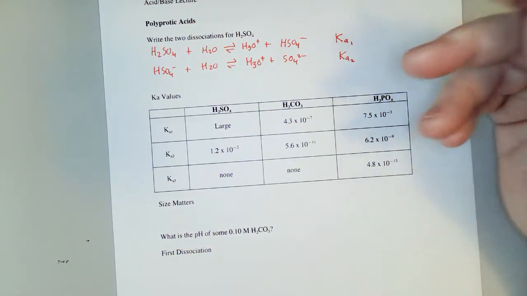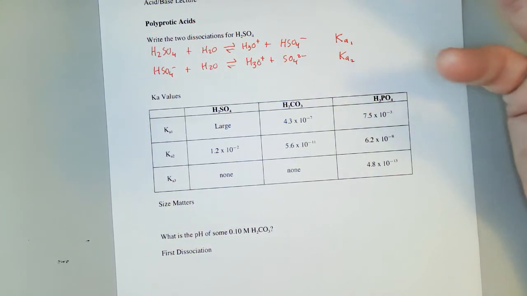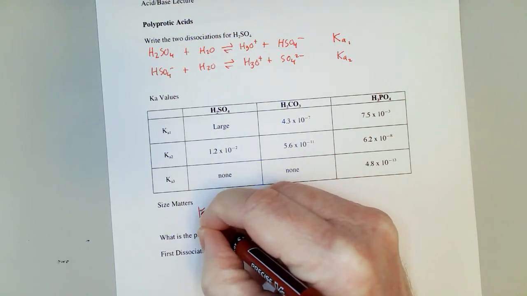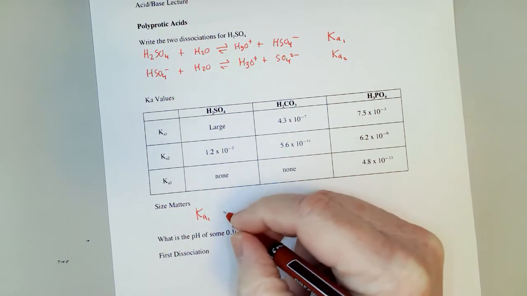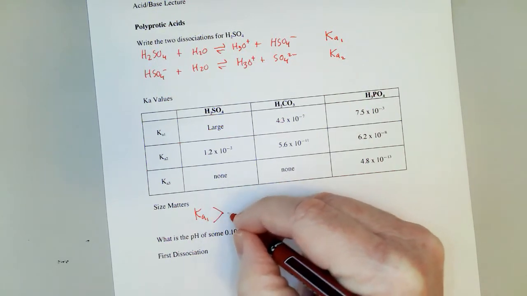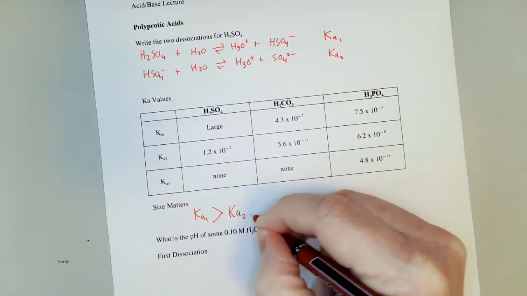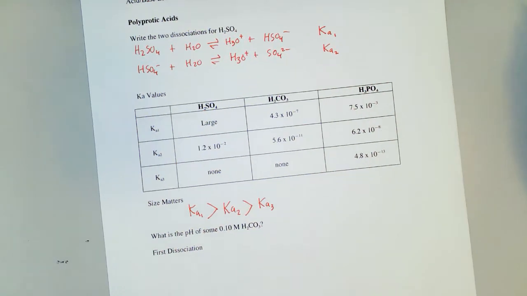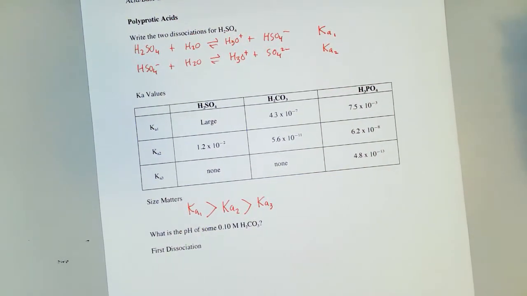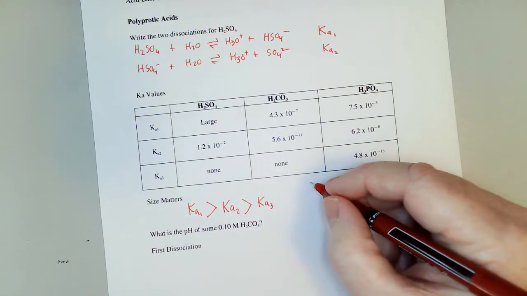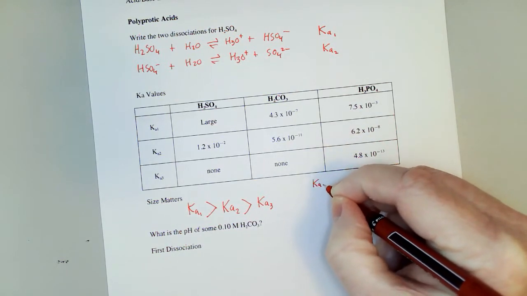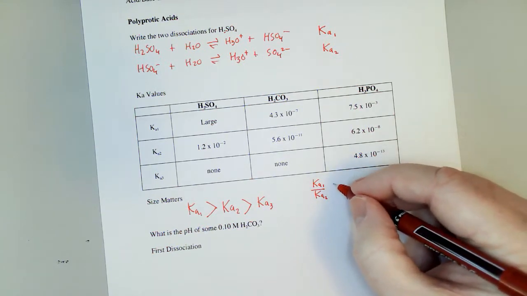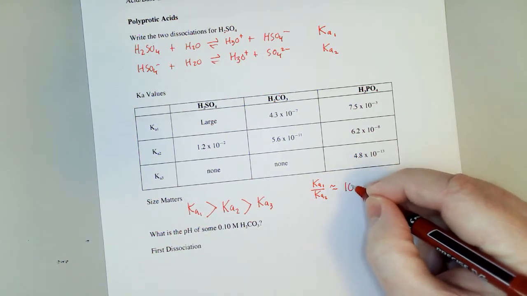Now, what we need to take into account here is that for any polyprotic acid, Ka1 will be greater than Ka2, which would be greater than Ka3 if it exists, etc. And typically, what we can say is that Ka1 divided by Ka2 is going to be about 10 to the fifth.